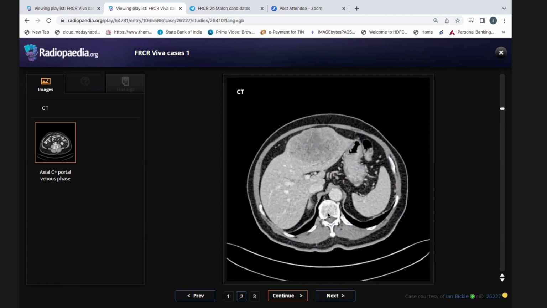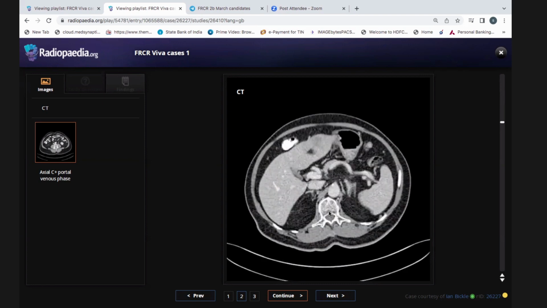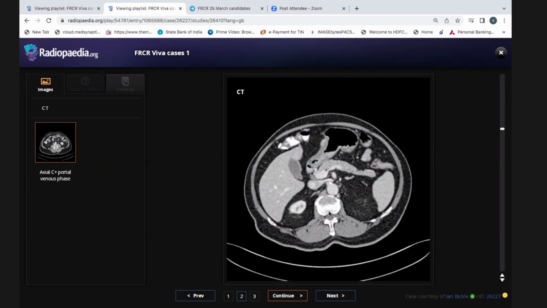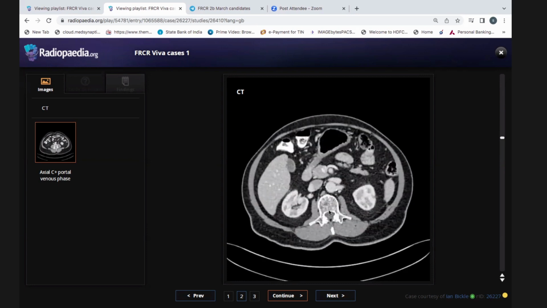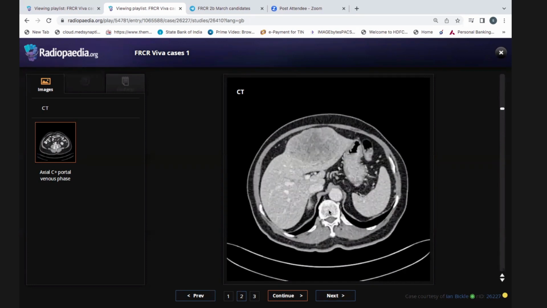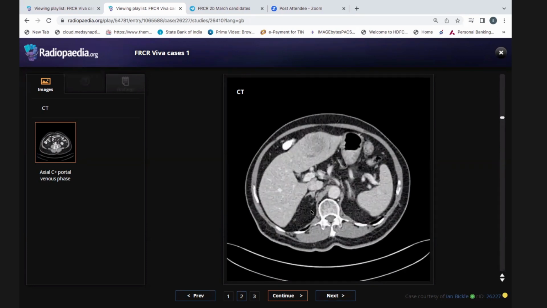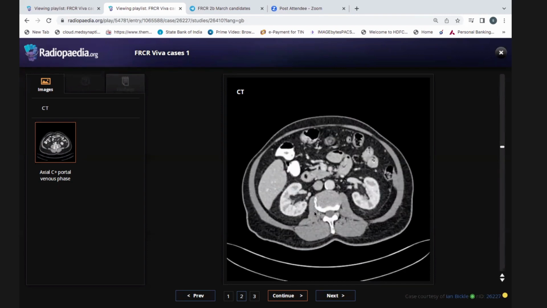The liver shows no signs of cirrhosis, and no pathologically enlarged lymph node could be detected. Both adrenals seem normal, with a subtle bulky right adrenal gland, otherwise normal.